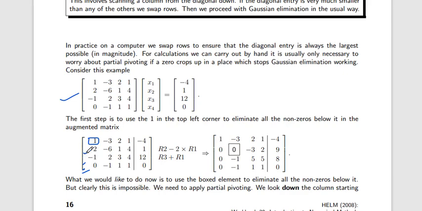How do we transform this 2 into 0? R2 minus 2 R1: multiply by 2 and subtract from row 2, so we get a 0. Second, only addition of R3 and R1, R3 plus R1. So the first step is completed: first row, first diagonal, and below are all 0.